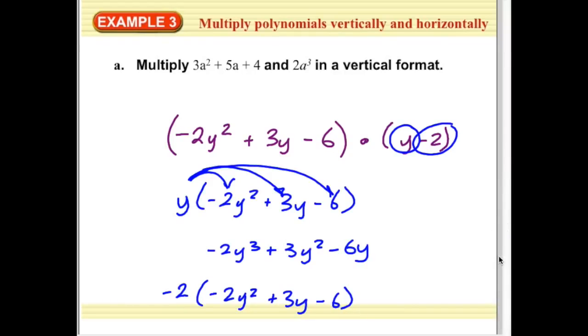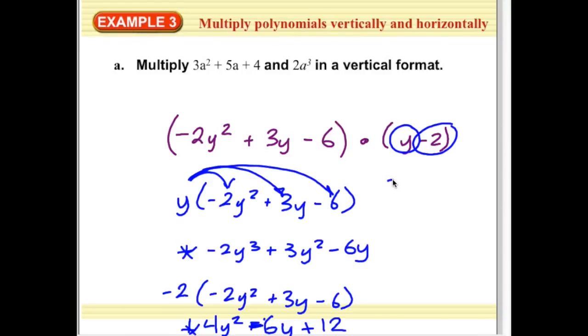is going to be 4y squared plus minus 6y plus 12. And then I need to combine those two equations that I found using addition.